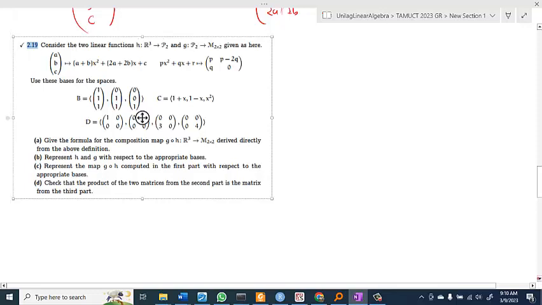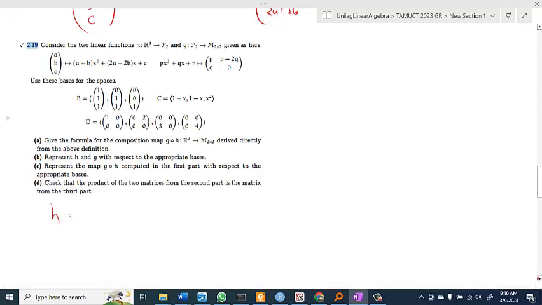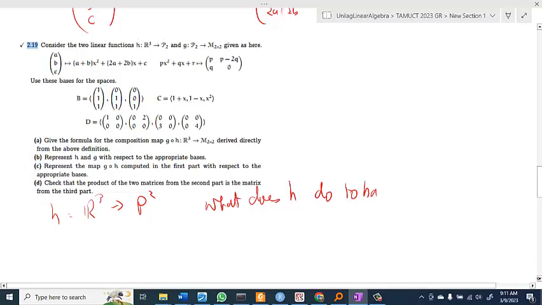Well, let's see. So remember H goes from R3 to P2. Now in this case, I want to see what H does to the basis vectors. Okay, sorry, I've zoomed in.